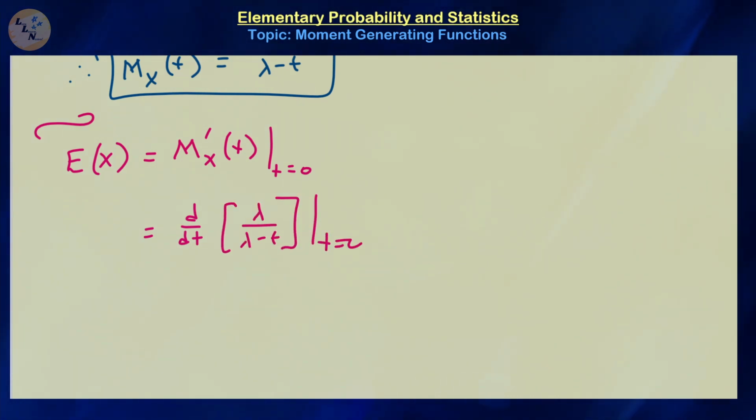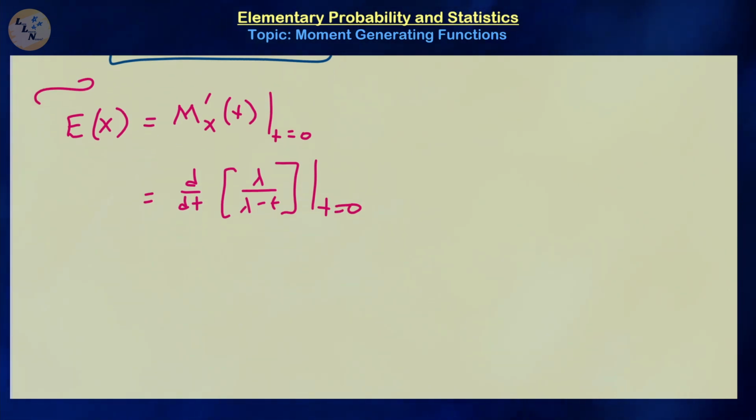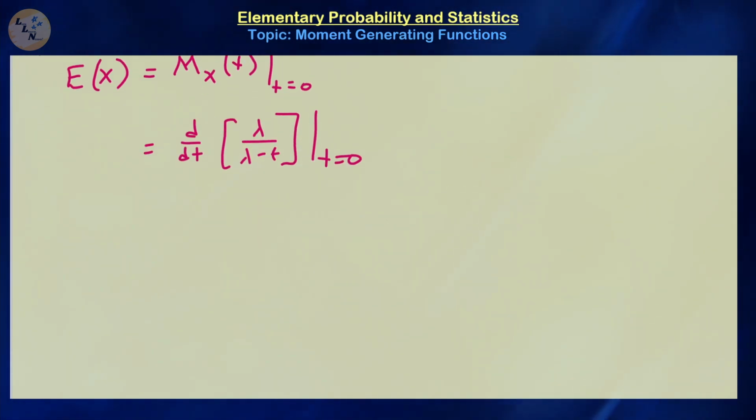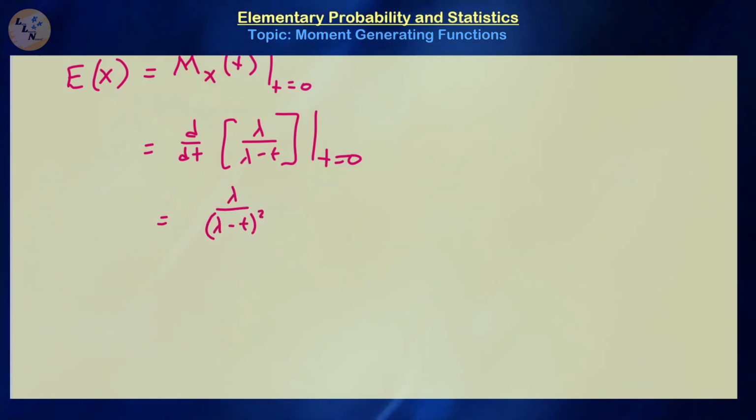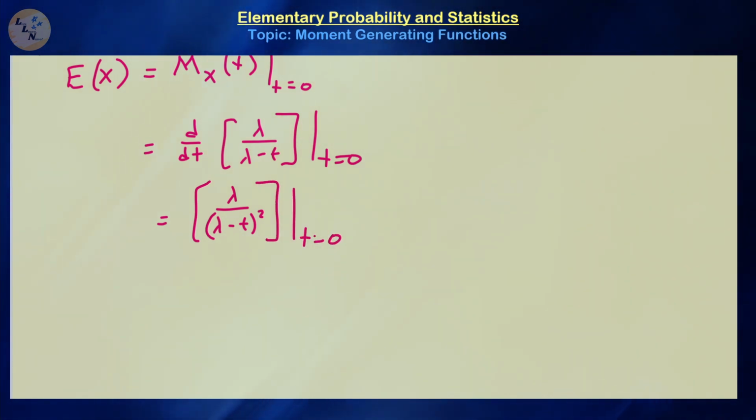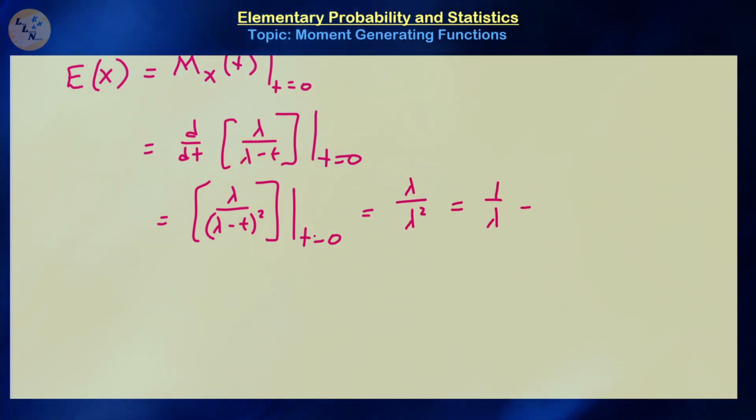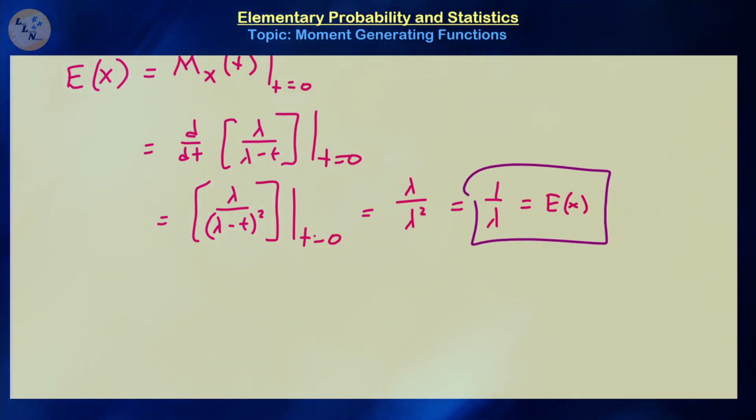Using the quotient rule or maybe an inverse power rule, one can find that that's just going to be equal to lambda all over lambda minus t, the quantity squared. Then we evaluate this at t equal to 0. So when t is equal to 0, we're just going to have lambda all over lambda squared, which is 1 over lambda, which we already know is the formula for the exponential random variable expected value.